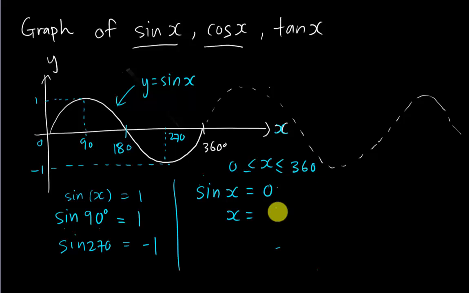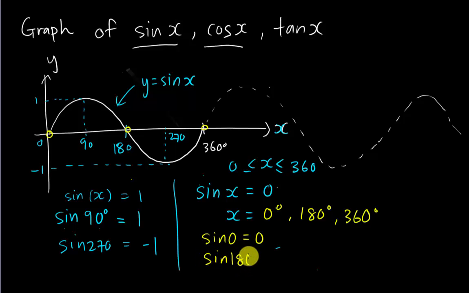So you have 3 answers for x: 0, 180, and 360. Sine 0 will give you 0, sine 180 will give you 0, and sine 360 will give you 0 also.